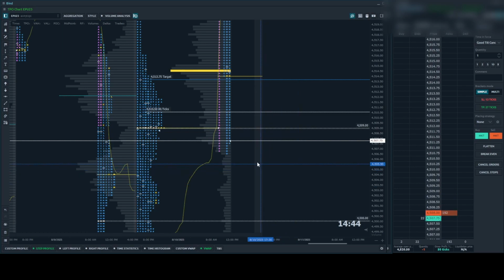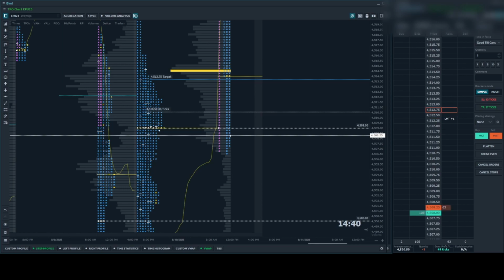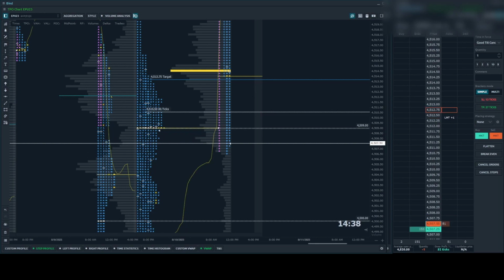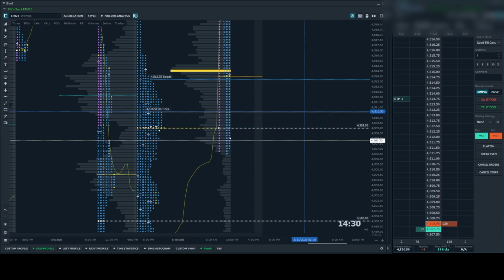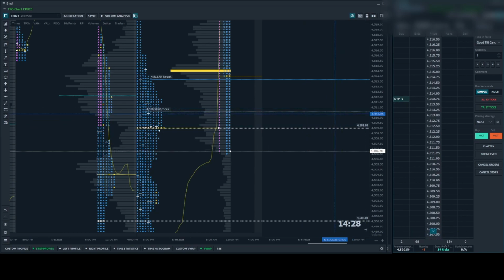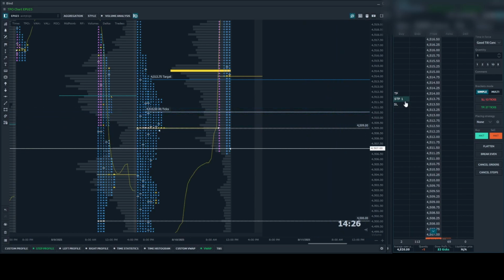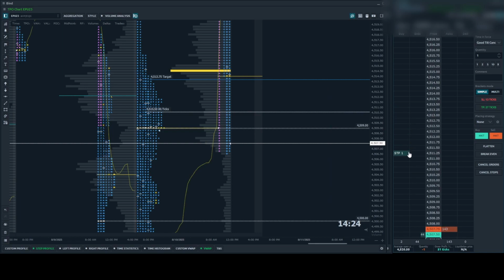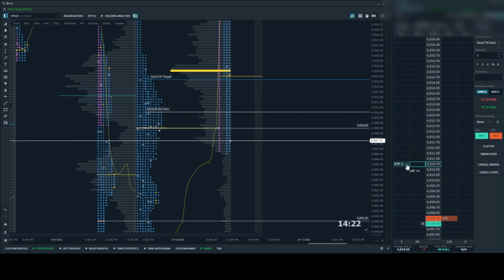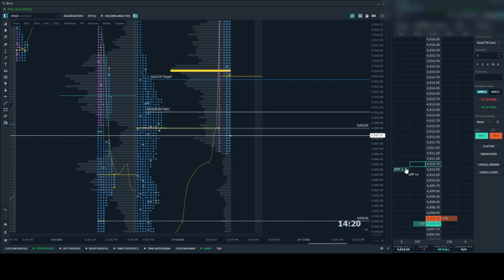There's a push to break that D. You can definitely bring this down. 1050 is your 40 ticks. The same thing.